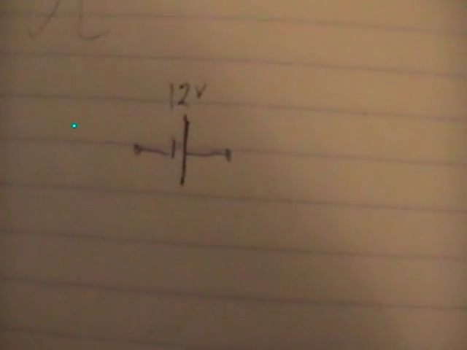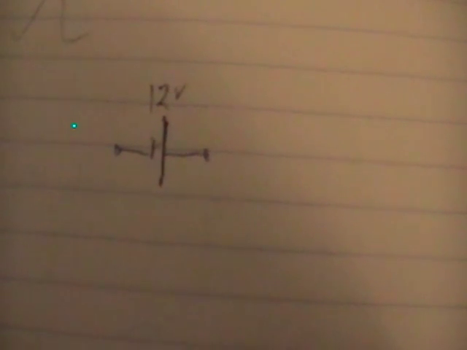So the voltage is constant in this battery, let's say 12 volts. Okay, and we have a certain charge, which is Q. Q can be, I don't know, 3 ampere hours.